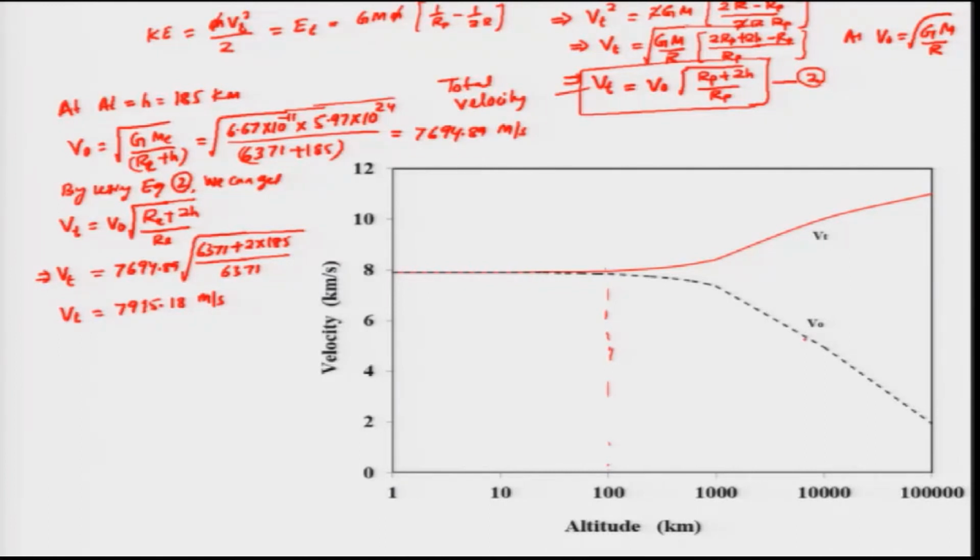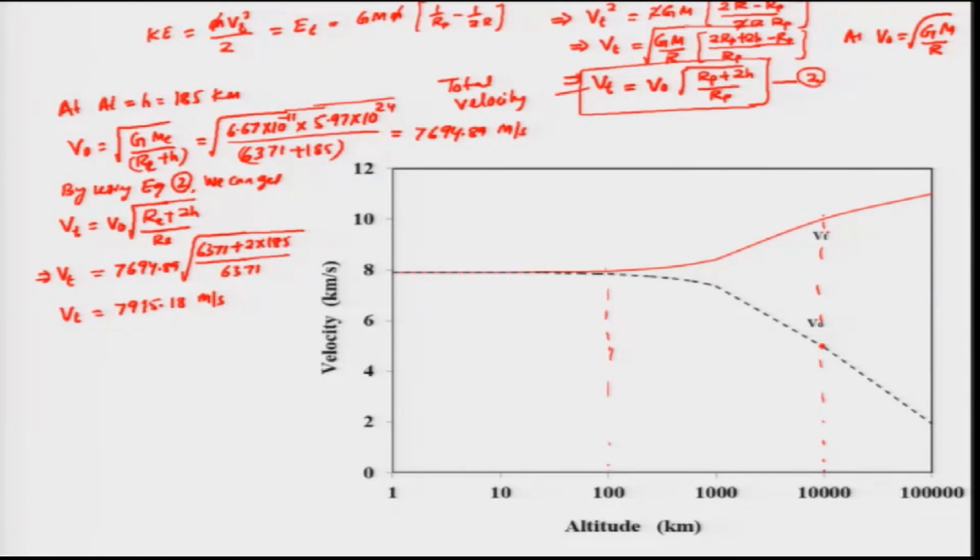Although at high altitude the orbital velocity required at a particular altitude is much smaller, the total velocity required is quite high. For example, if you talk about 10,000 kilometers of altitude, you will find this V naught is much smaller than in the low earth orbit, whereas the total velocity is quite high.